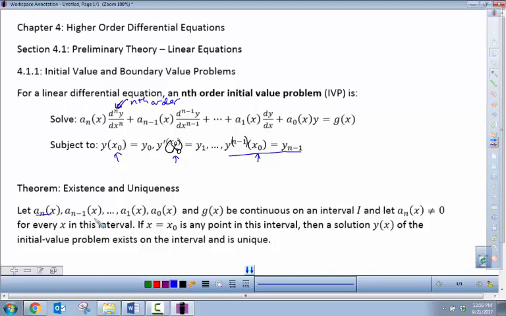So we're not going to prove the existence and uniqueness. You can go take your upper division differential equations class for that. But I think we should be able to identify the intervals that they're talking about.